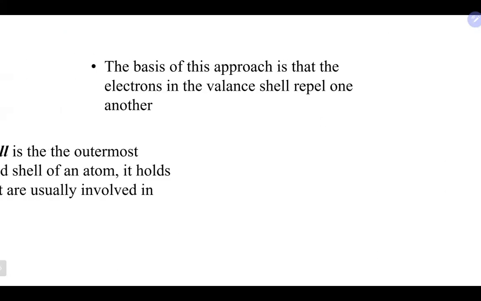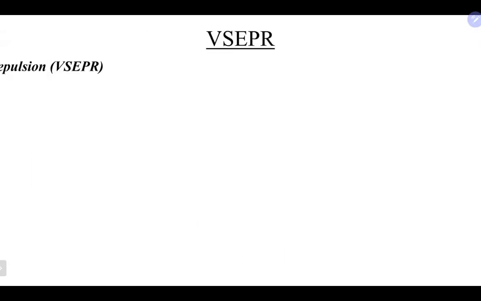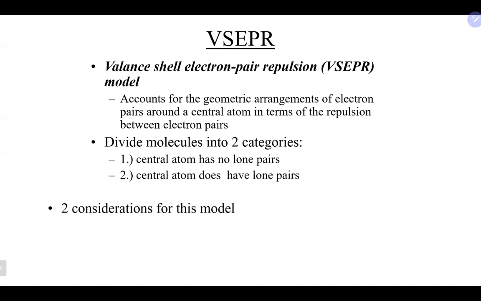It is based on the idea of electrons, and electrons obviously are negatively charged, which means when they get around each other, they actually want to try to escape each other or get away as far as possible. But because they are in a bond, they can't really do that. So they're sort of trapped in a sense.